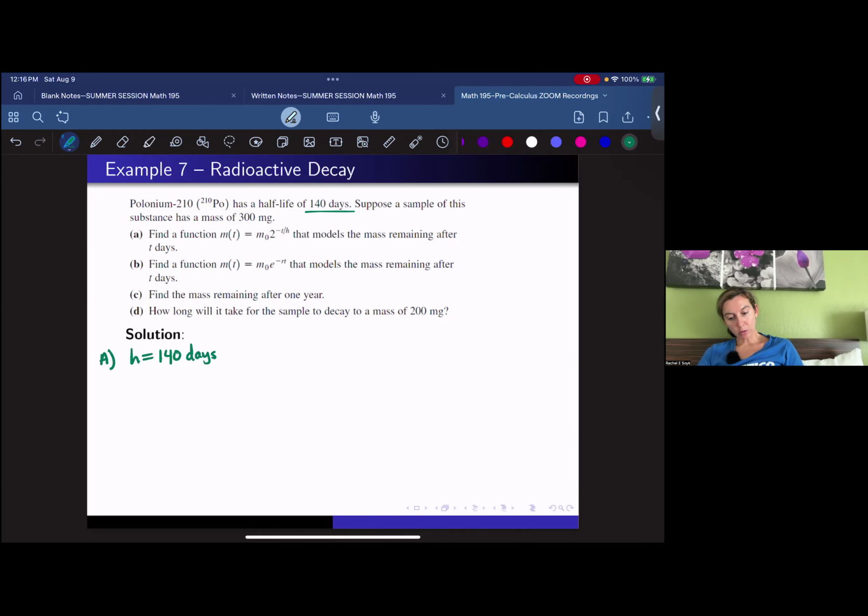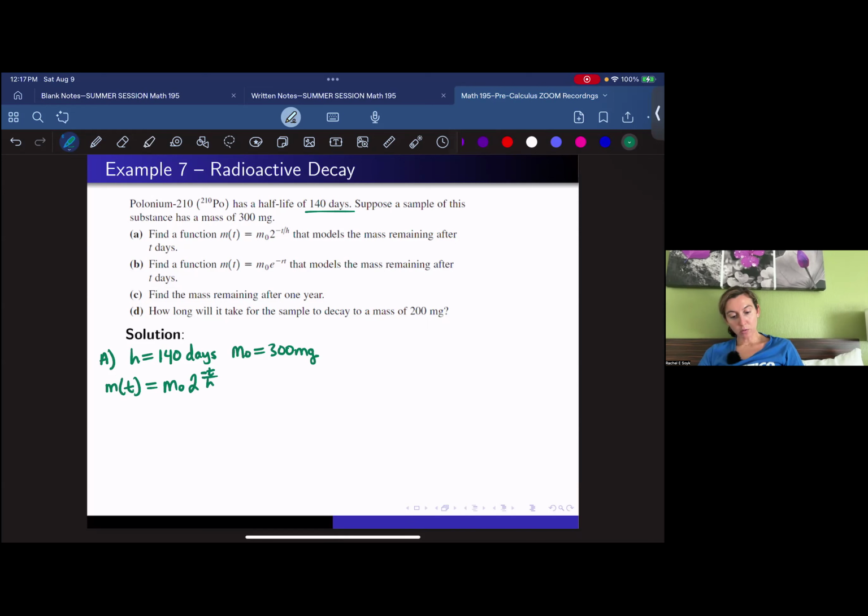And we have supposed the sample of the substance has a mass of 300 milligrams. So our initial mass is 300 milligrams. We want to find a function. We're utilizing our m of t is equal to m sub 0 times 2. So we're using the decay model, not continuous, so there's no e here.